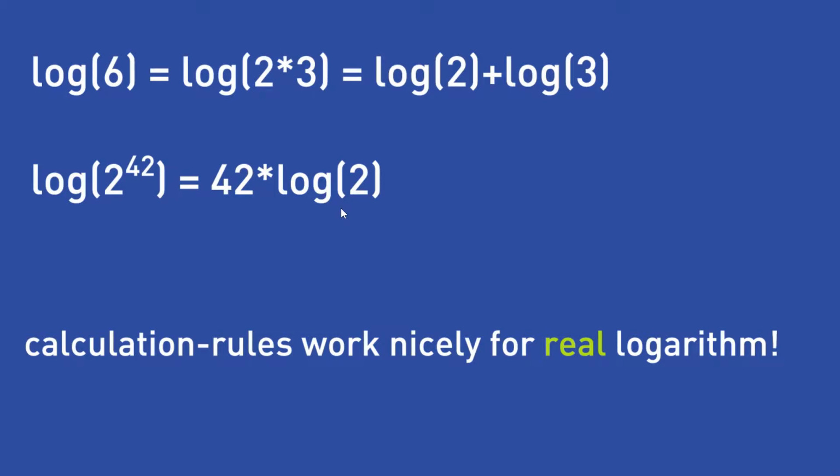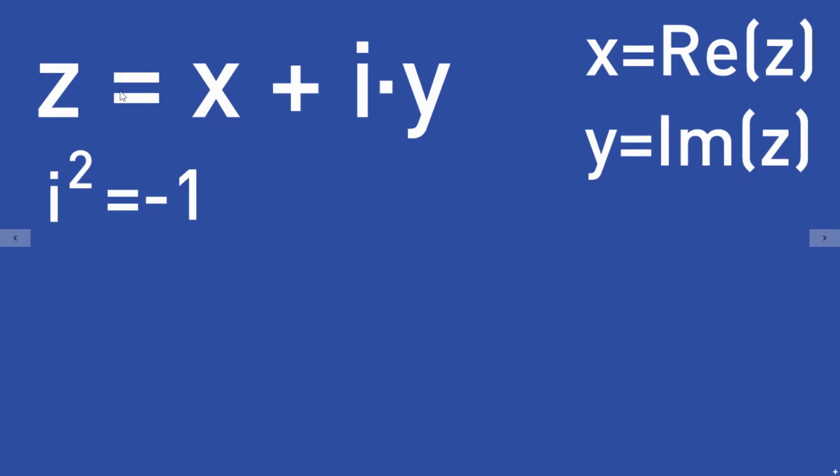Maybe you have also heard something of complex numbers. They look like this here. So z is a complex number and it is written like that: x plus i times y. x and y are both real numbers. x is called the real part of the complex number z, and y is called the imaginary part of the complex number z.